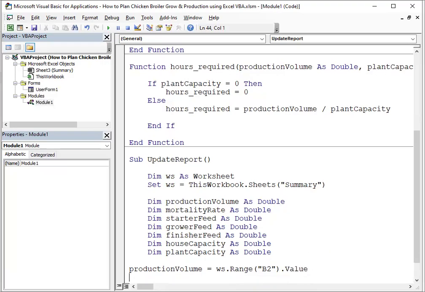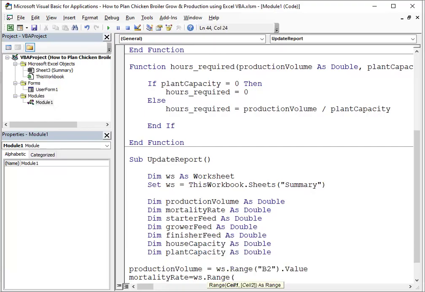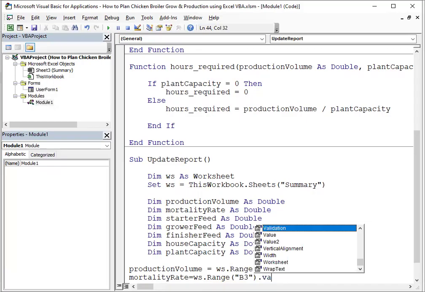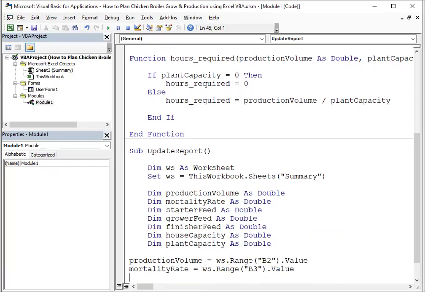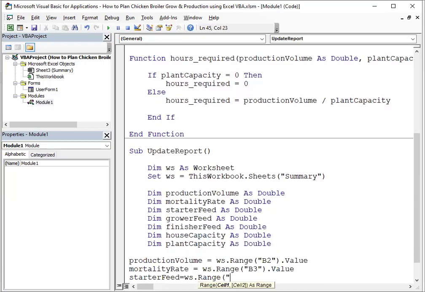Then the next one will be mortality rate equals ws range B3, that value. Next one would be starter feed equals ws range B4, that value.